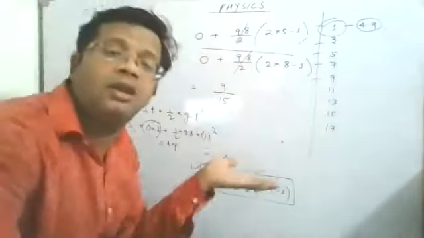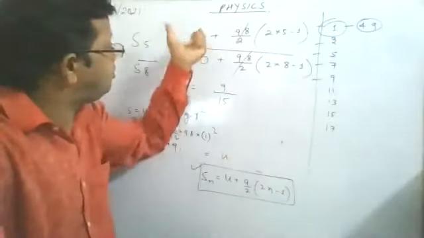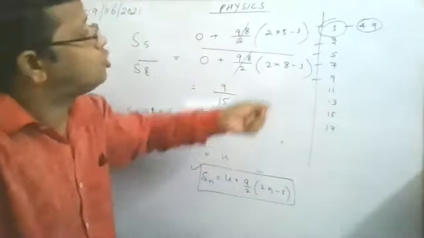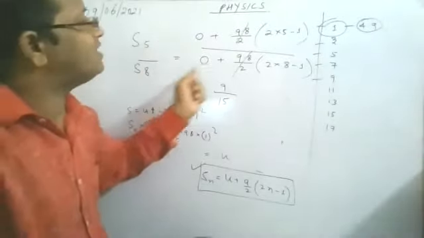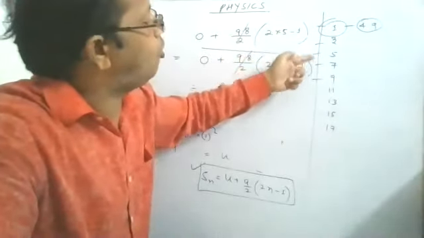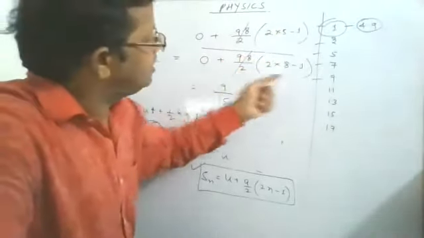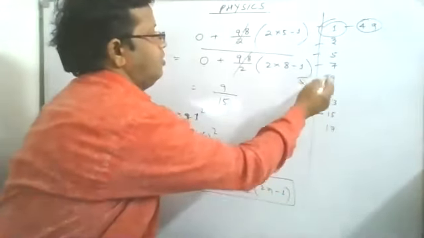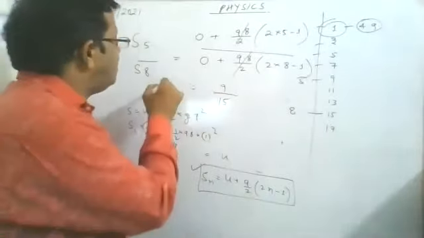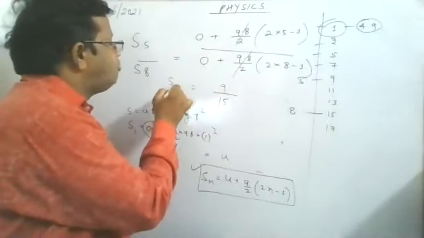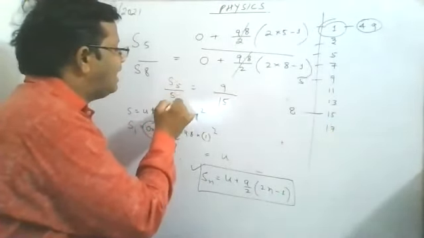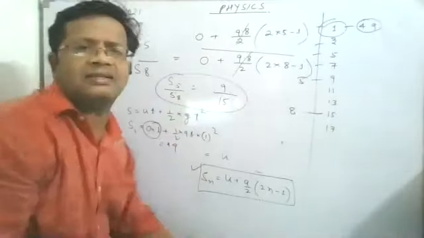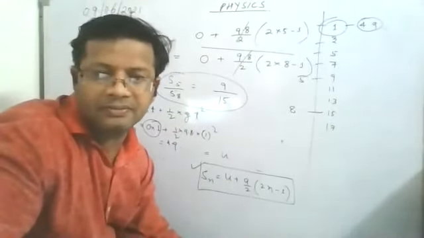Here you are only asked to determine the ratio of distances. So during 5th second, 1, 2, 3, 4, 5, right? 9, 6, 7, 8, right? 15. 9 upon 15. This is the ratio of distances moved during 5th second and 8th second. You can write like this.